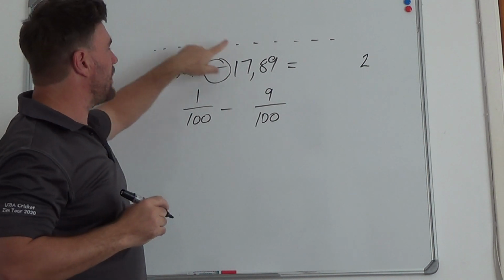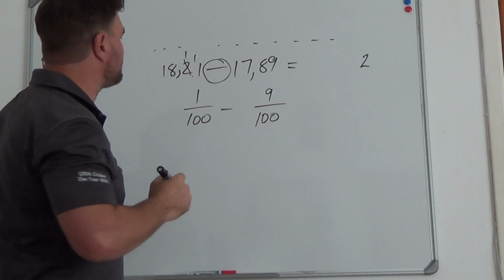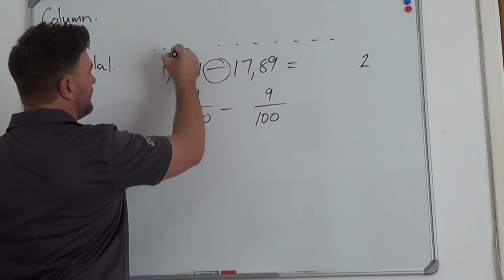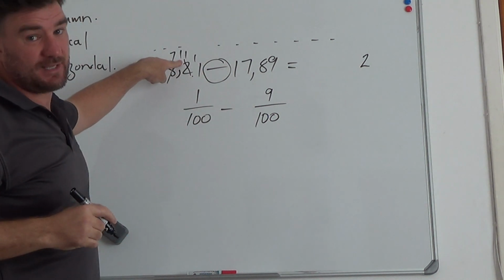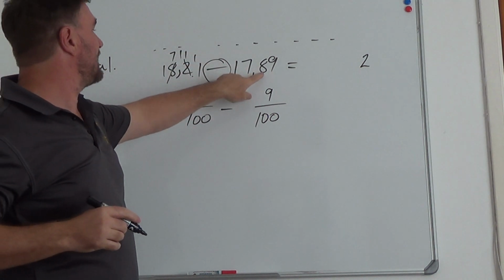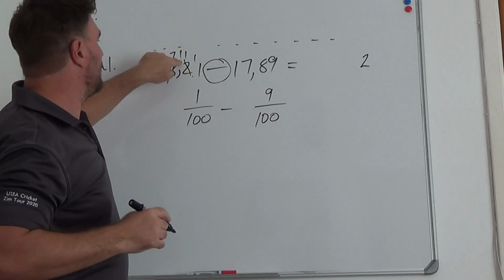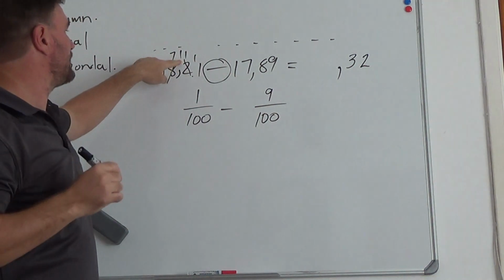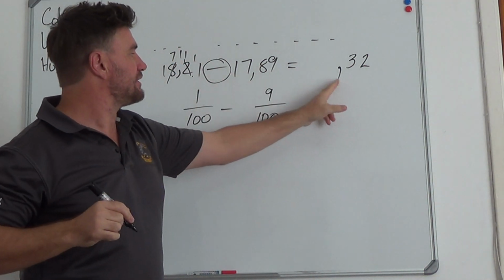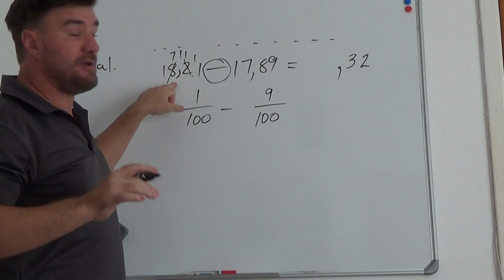Can we say 1 minus 8? No, we can't. We've got to borrow from our neighbor again. We've got to make him 7, and we've got to make that 11 now, because we borrowed another 10 from him. Now we can say 11 minus 8 is going to be 3. Then don't forget our decimal point. Remember, it goes in exactly the same spot every time.